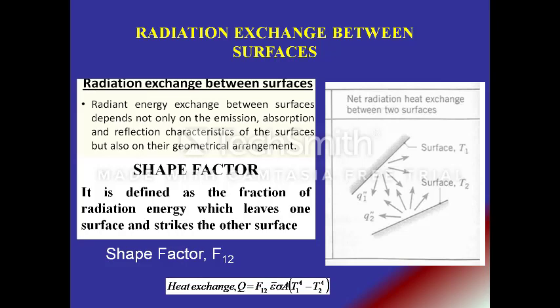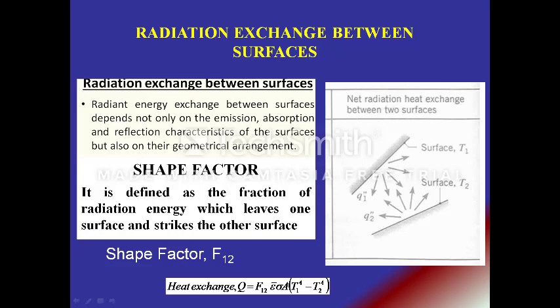Once you know the value of the shape factor, the formula for heat transfer between two surfaces is Q equal to F12, the shape factor, multiplied by epsilon bar into sigma into A, the area of the surface, into T1 power 4 minus T2 power 4, where T1 is a higher temperature than T2.